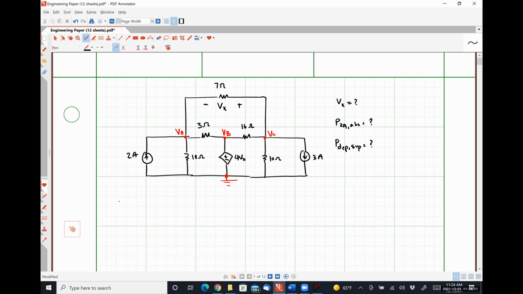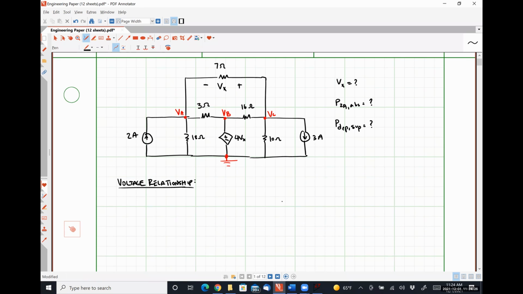So our voltage relationship equation in this case is simply going to be VB minus 0 is equal to 4 Vx.